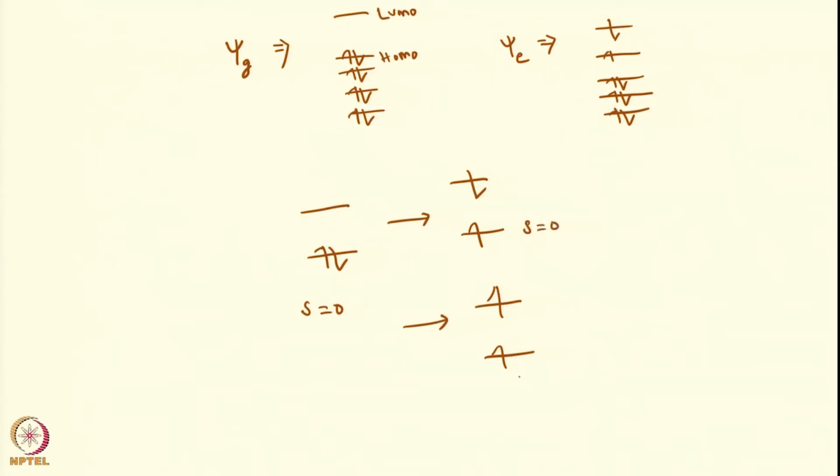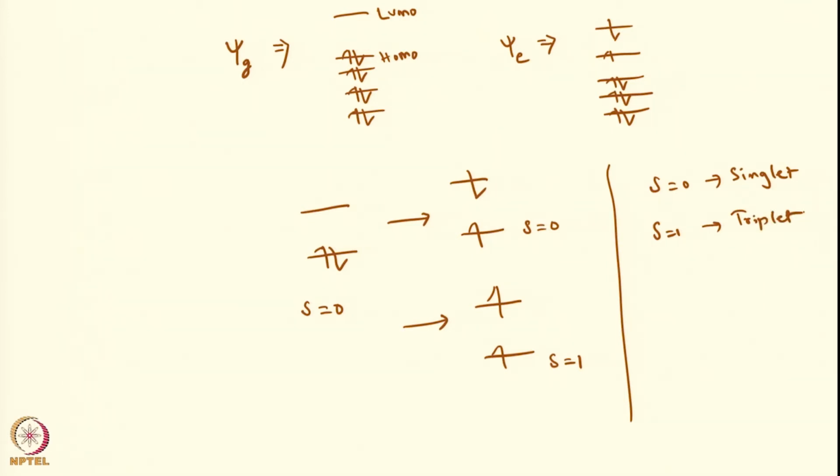This state is represented by S equal to 1. When we have S equal to 0, we call it a singlet state, and when you have S equal to 1, we have a triplet state. The singlet and triplet labels arise because of the degeneracy of the wave functions.